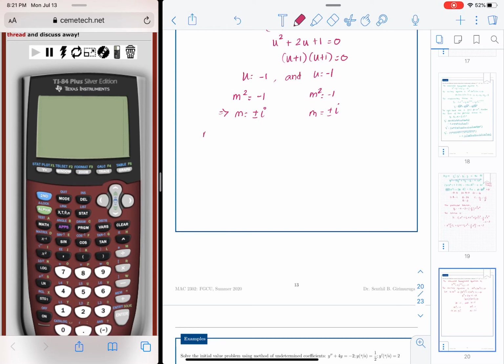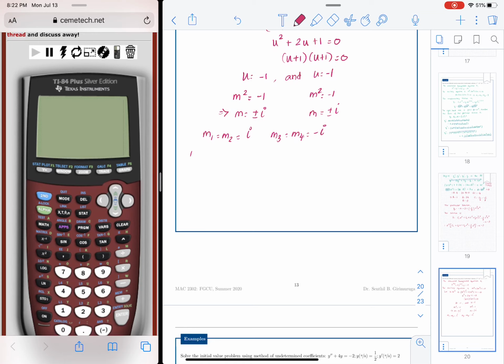So m1, m2 are i, m3, m4 are minus i. So we have betas and we have negative betas, and they are the same, and they are repeating conjugate roots.